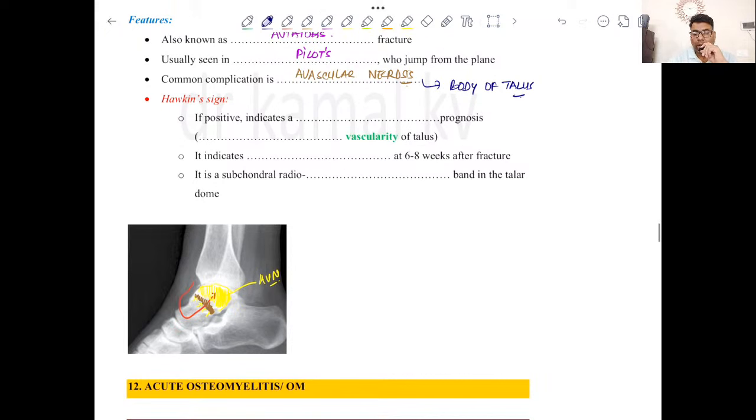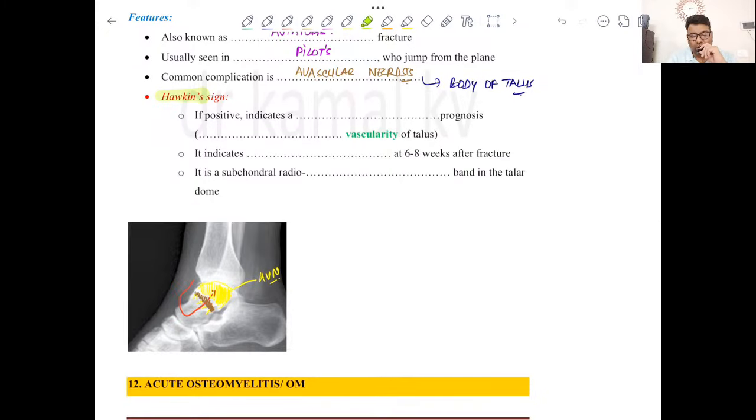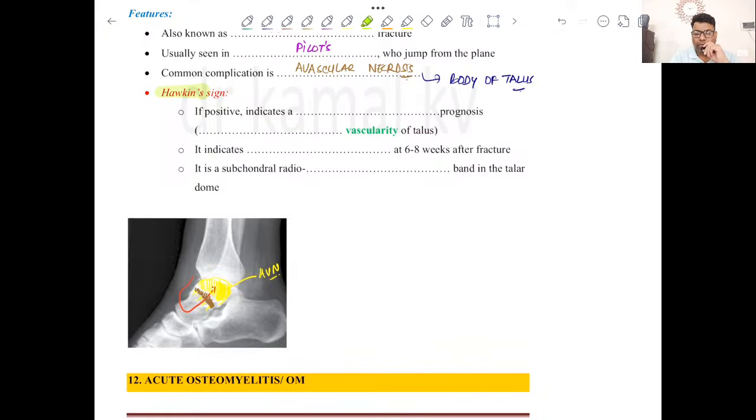Now, in a given case of fracture neck of talus, how can we say whether it has gone into a state of AVN or not? For that, we have a very beautiful Hawkins sign. If Hawkins sign is positive, it indicates a good prognosis.